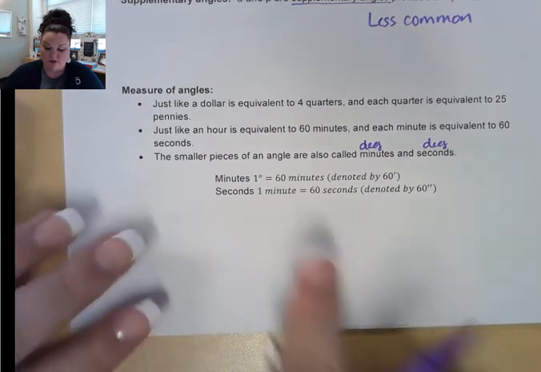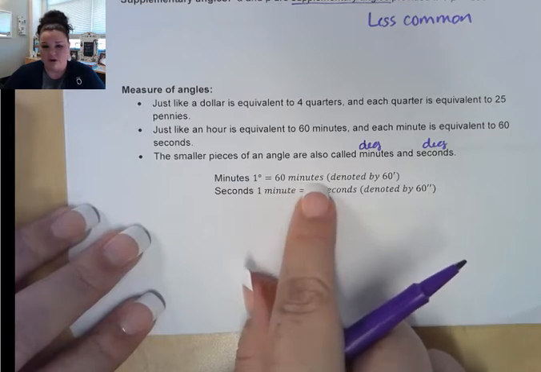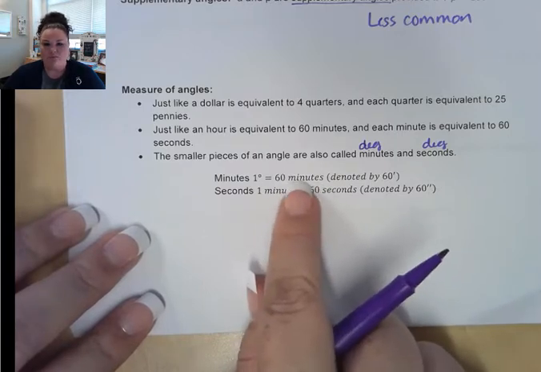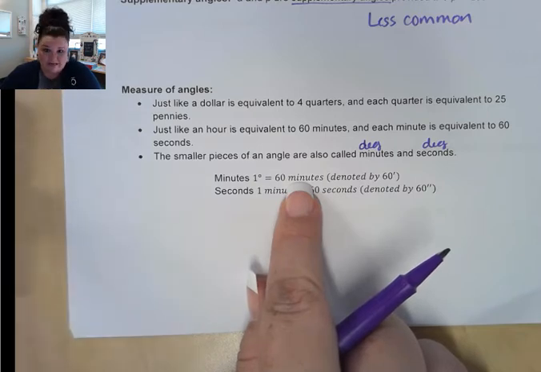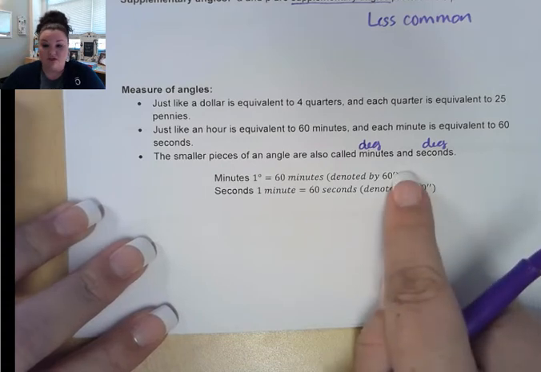And the way that we denote it so that we don't get confused, because usually if we write out minutes or abbreviate it MIN, that's how we show time minutes. So to show degree minutes, we use an apostrophe.